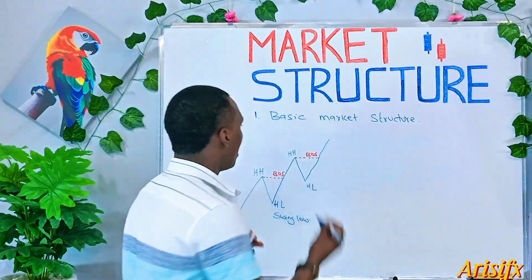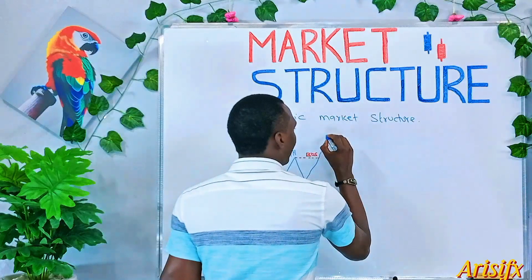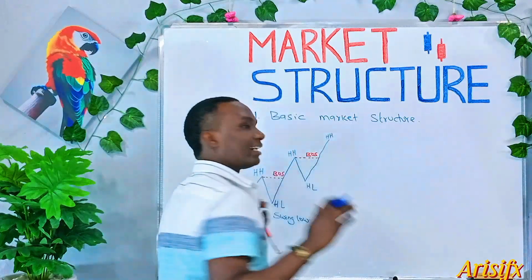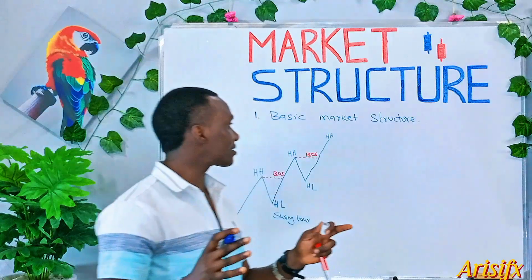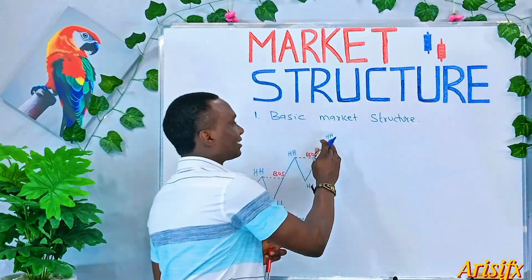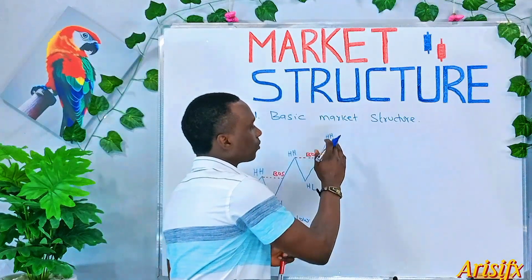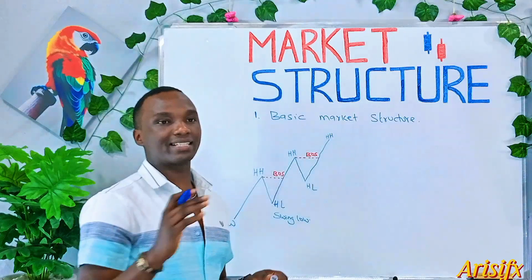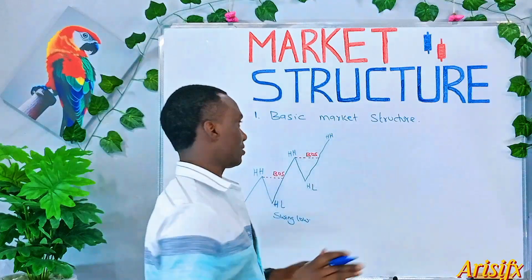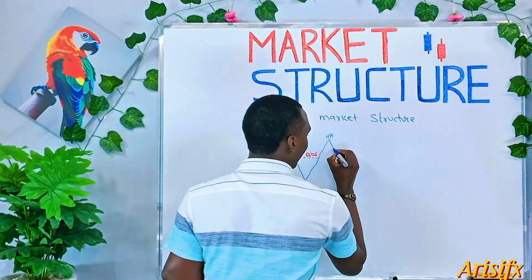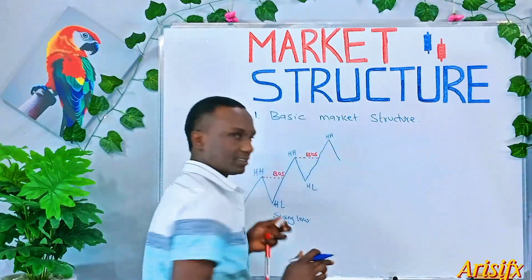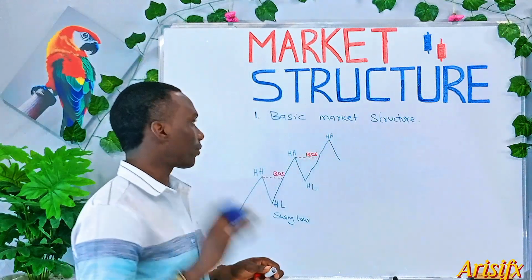When the price reaches here, the third higher high, again the buyers will sense that the market has gained some good momentum and the price is overpriced. So what tends to happen is that these buyers will again start taking profits.